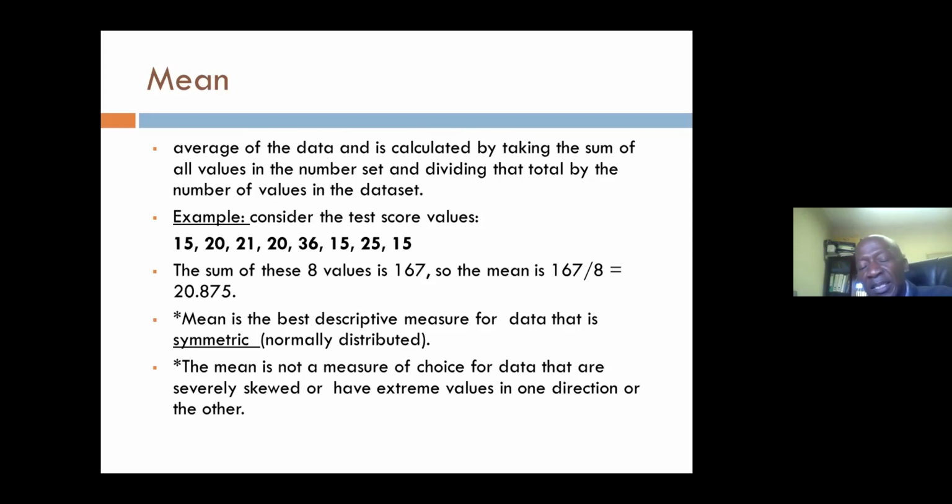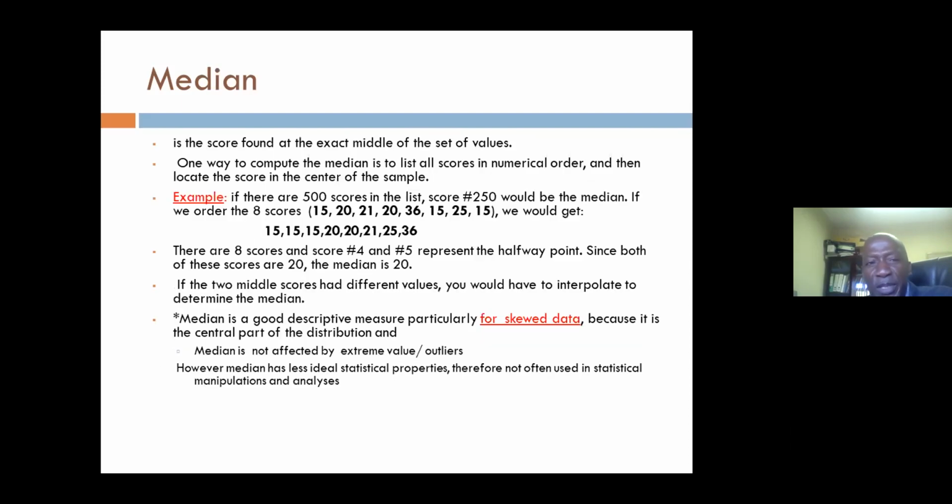So when the data set has extreme observations, the data is skewed, and the mean is not a good representation of center. So in the case where data is skewed, the median is the appropriate measure of central tendency or central location, because the median is not affected by extreme observations. And the median is the middle number in a data set that has been arranged in order of size.